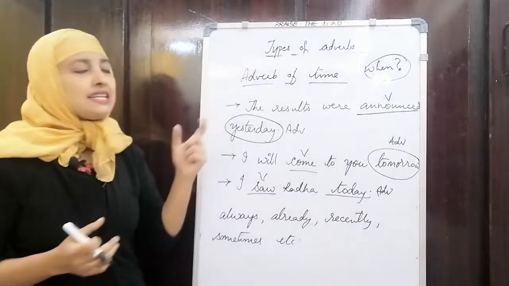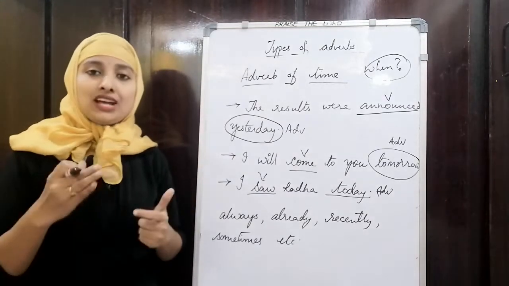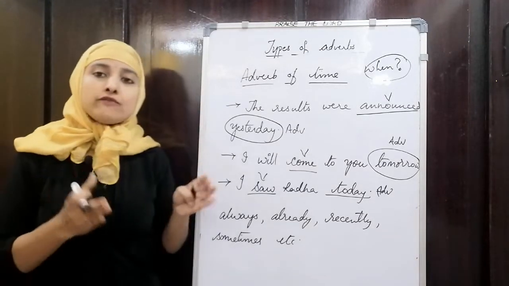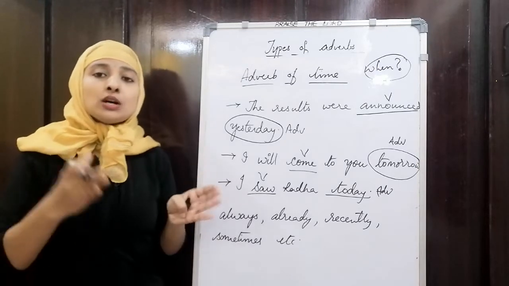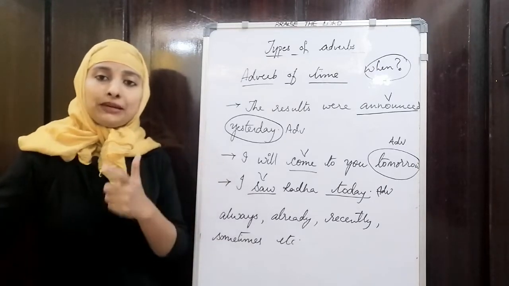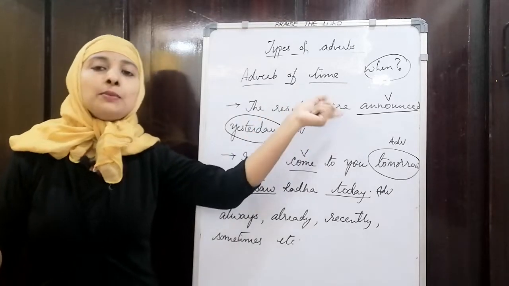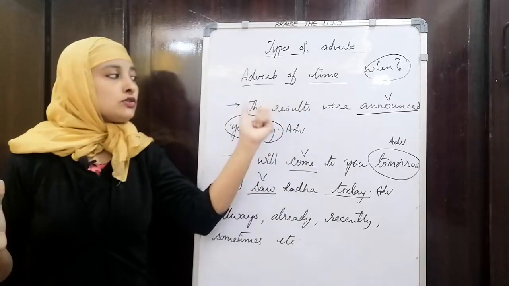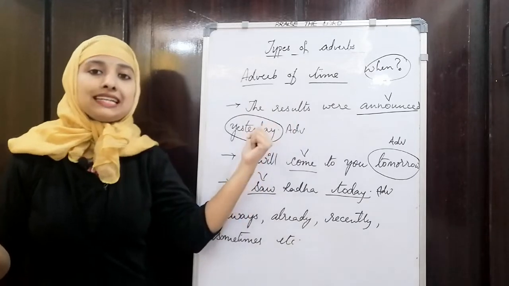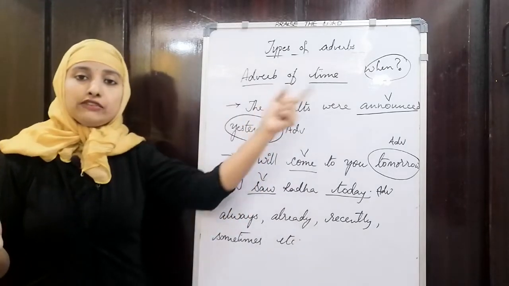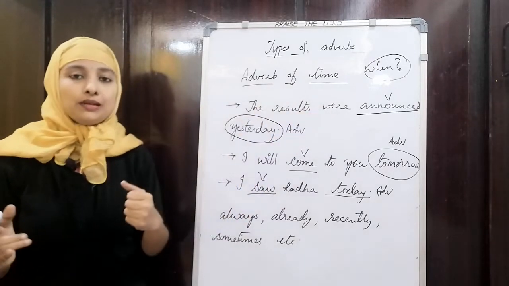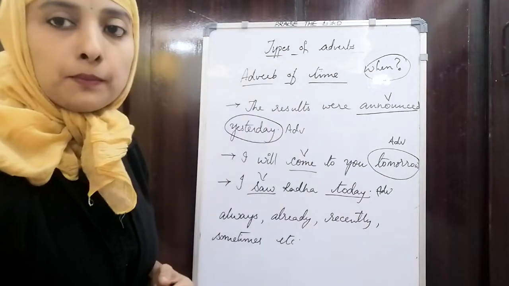All these are adverbs of time. An adverb of time talks about time or a particular period. It modifies the verb by using time. So in the results were announced yesterday, we are able to identify the verb as well as the adverb. We'll see the other types.